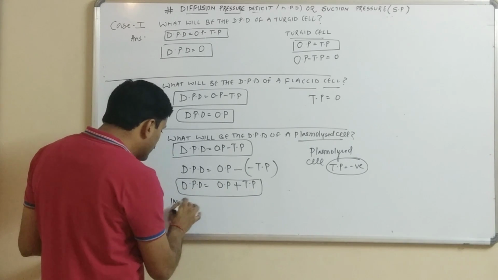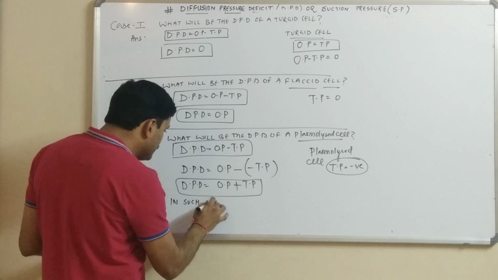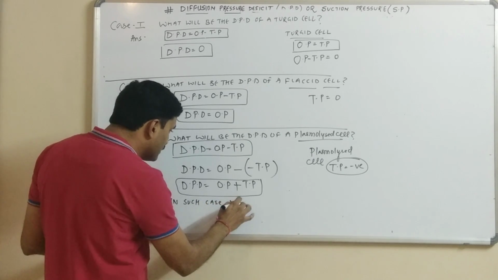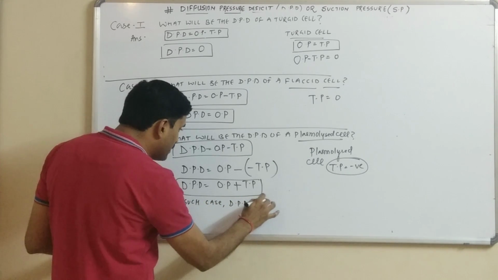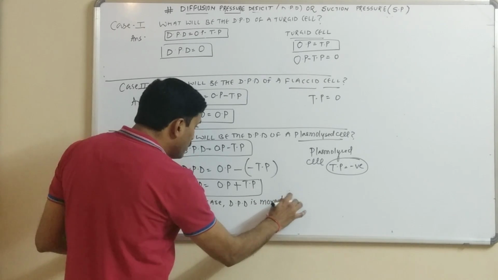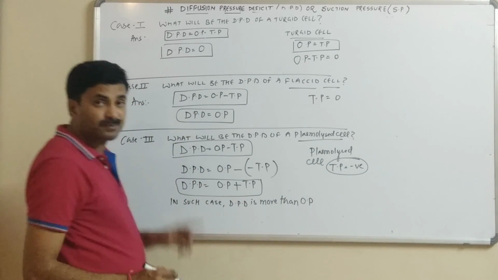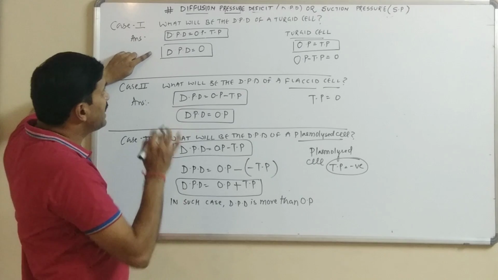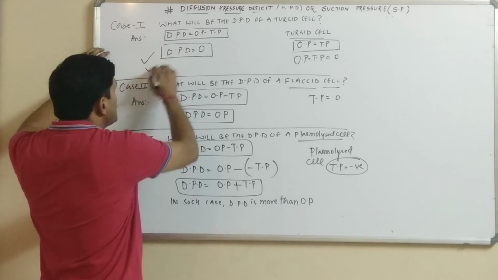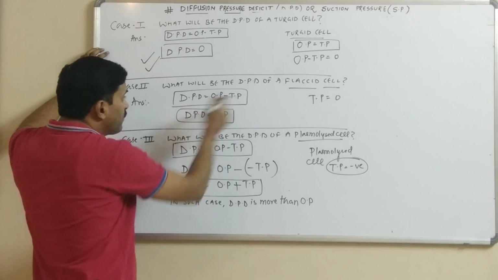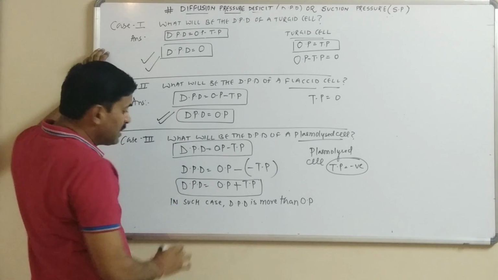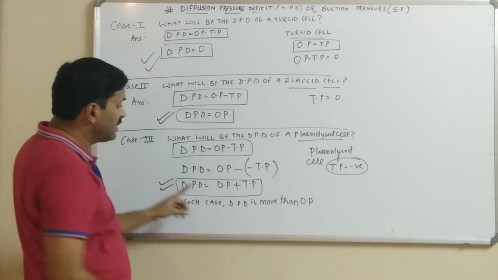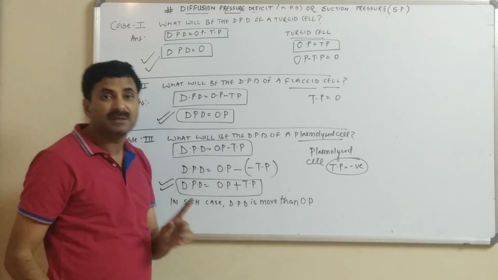In such case, DPD is more than OP. So always remember that DPD of a turgid cell is 0, DPD of a flaccid cell is equal to OP, and DPD of a plasmolyzed cell is equal to OP plus TP.